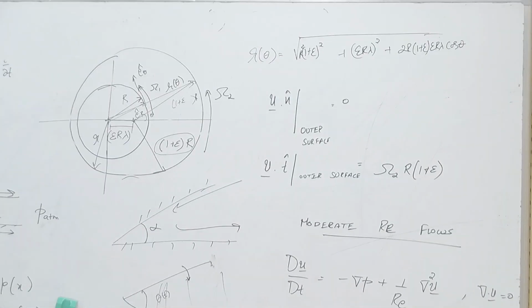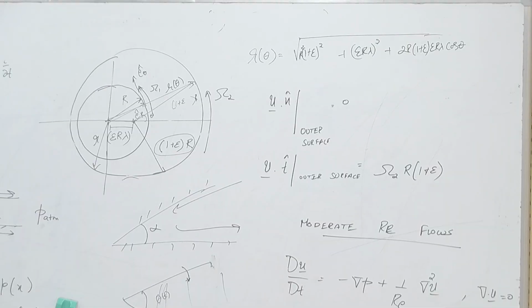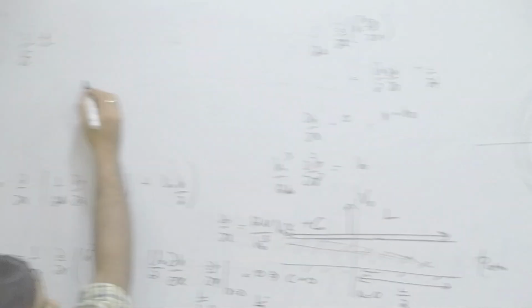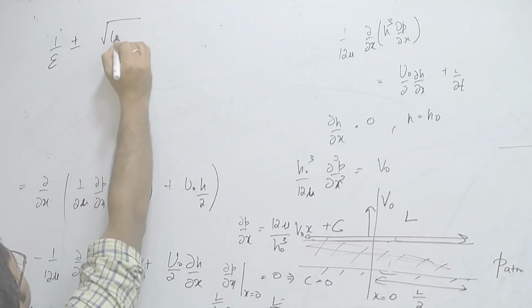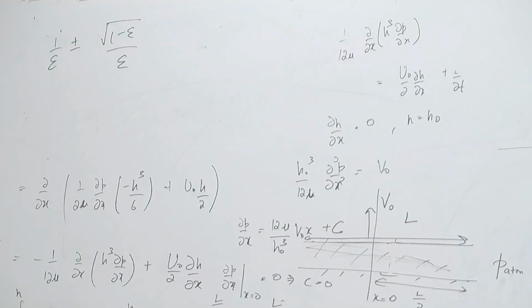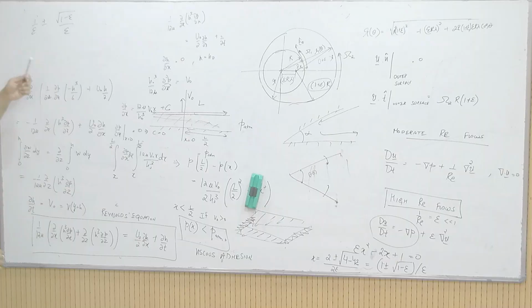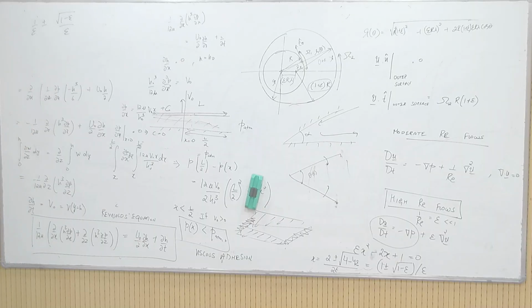I can write that as 1 by epsilon plus minus square root 1 minus epsilon by epsilon. Now, in the limit epsilon tends to 0, what are these two values? Are both of them infinity?